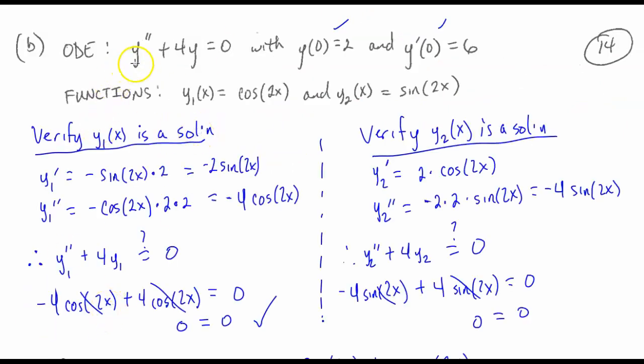Notice that in this example, we also had a second order linear homogeneous ODE, but here our coefficients, the understood 1 here and the 4 here, and we had a y prime term that was missing, had an understood 0 there. Notice that all of our coefficients were constant, okay? In the example that we're going to be doing now, all of the coefficients are not constant. So we saw an example here of how this all works whenever all the coefficients are constant. Now we're going to see an example when the coefficients are not all constant.